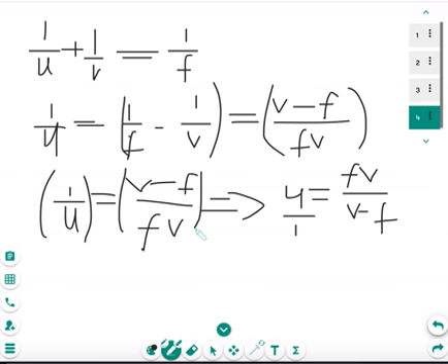Find the reciprocal of v minus f over f. Finding the reciprocal is like calculating it itself, but you find the inverse of it. The inverse means the reciprocal in the form, the way it is.